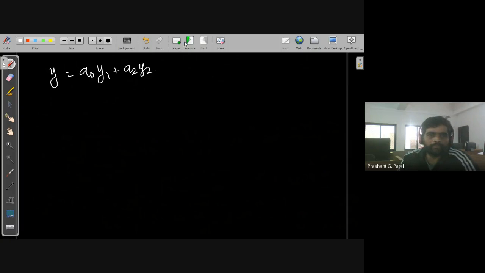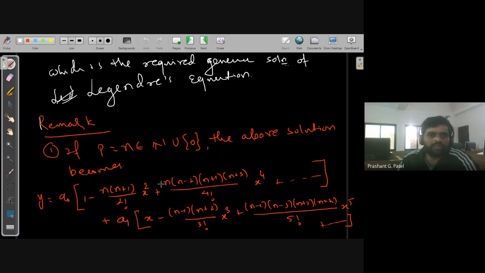What will happen if this n is an even integer? If n is an even integer, then which quantity from this y1 and y2 will be 0? Then you can see that the pattern is n into n minus 2, the next one is n into n minus 2 into n minus 4.